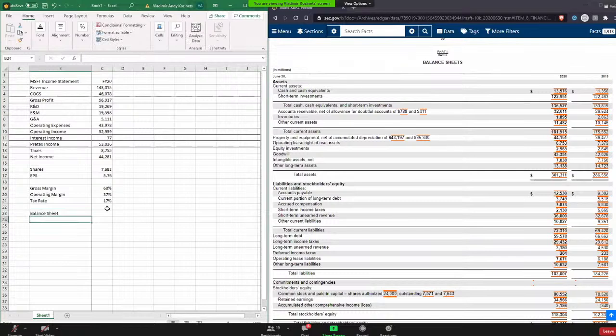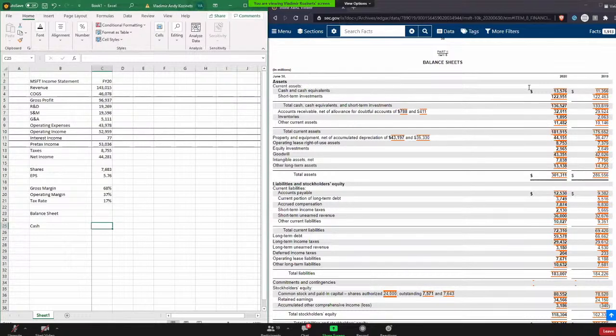Let's start off with their cash. Their cash is cash and cash equivalents plus short-term investments. Let me see if they have any other cash on here. Equity investments, yes, I would count that as cash. In general, balance sheets go from most liquid to least liquid. Liquidity, you already know, is how fast you can turn an asset into cash.